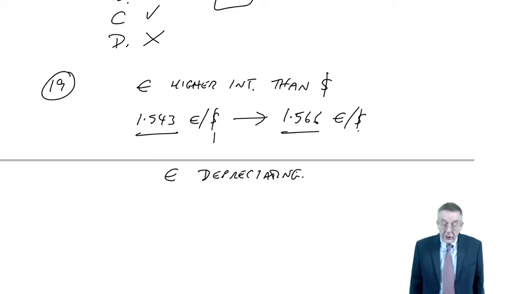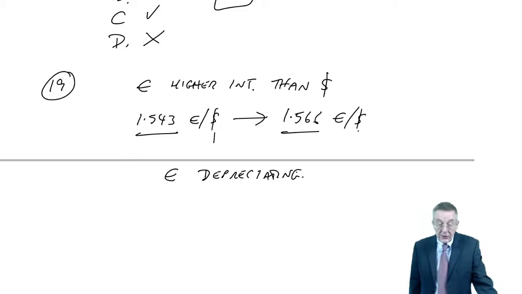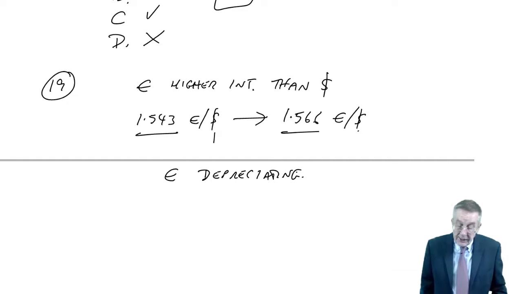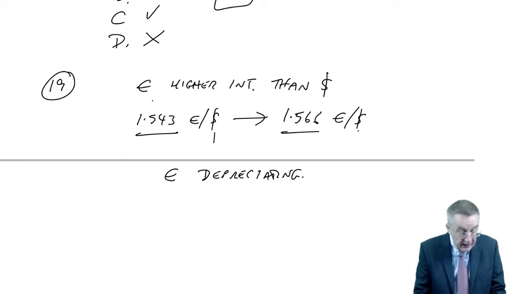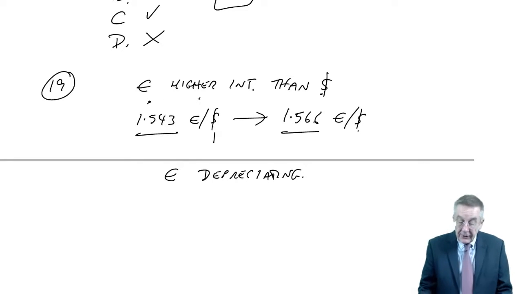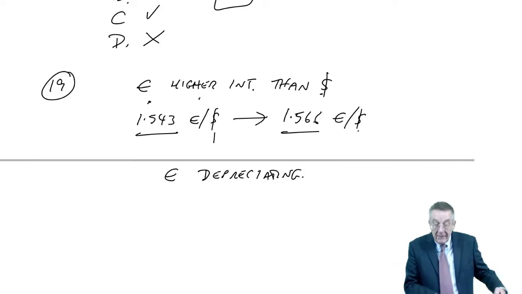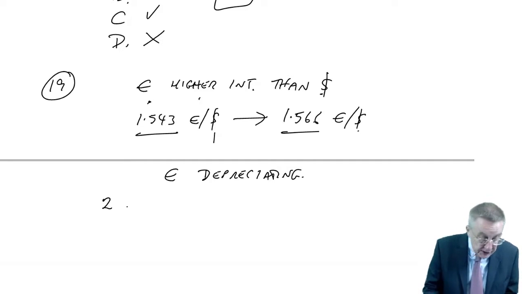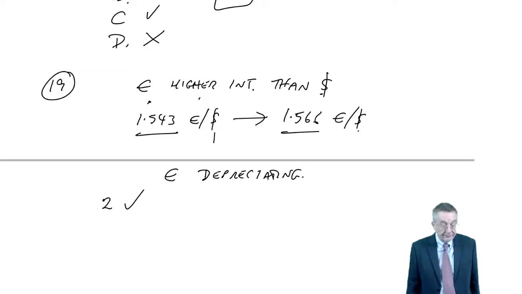The dollar interest rate is less than the euro interest rate. Does that suggest the euro will depreciate? Well, yes, it does. The euro rate is higher than the dollar rate, or the dollar rate is less than the euro rate, and the euro is depreciating. So statement 2 does support what they're saying.